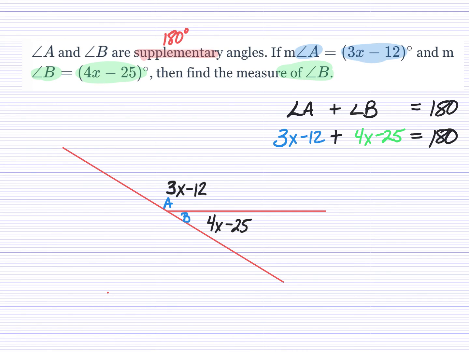So I'm going to have to solve this equation that I created here. Also keep in mind, everything on the left side is on the same side, so we don't have to do any kind of crazy moving from one side to another. The 3x and the 4x are already on the same side, so all we have to do here is combine like terms. So 3x and 4x makes 7x.